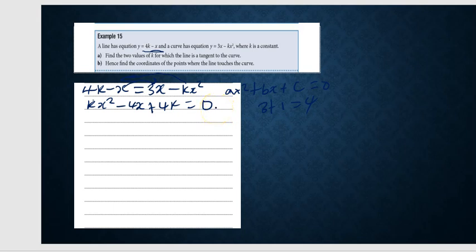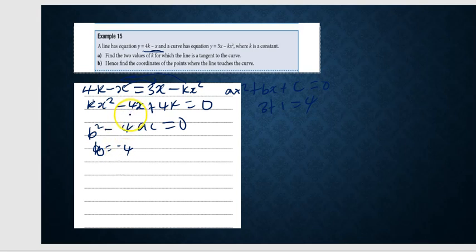So the line is a tangent. So there is one repeated root, because we know if a line is tangent, then b squared minus 4ac must be equal to 0. Therefore, what is our a in that equation? We have b squared, so our b here is negative 4, right?